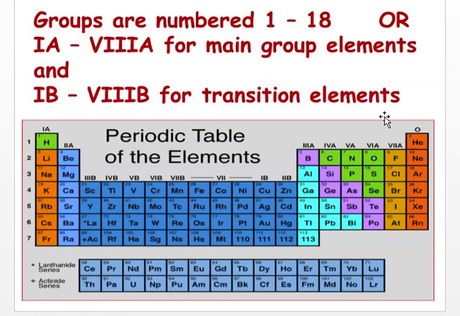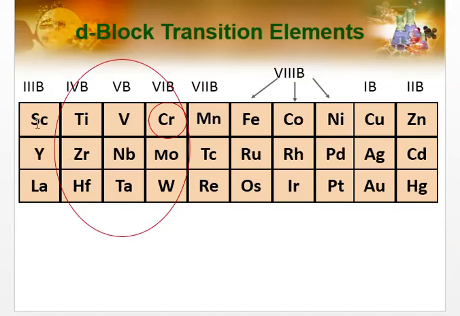They are transition elements and they are also D block elements. For example, first B, second B, third B, fourth B, fifth B, sixth B, seventh B, and 8th B subgroups are D block transition elements.